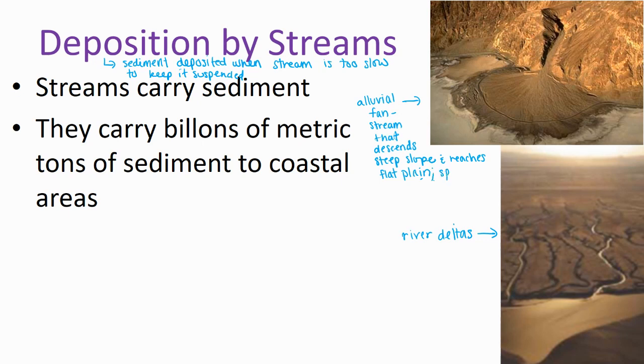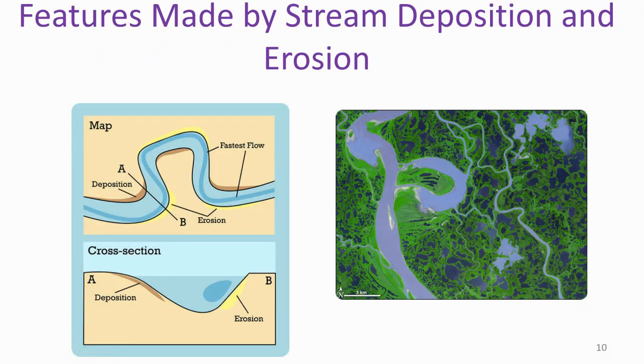On that flat plain, the speed of the stream decreases and sediment falls out. So these are some features that are made by stream deposition and erosion.